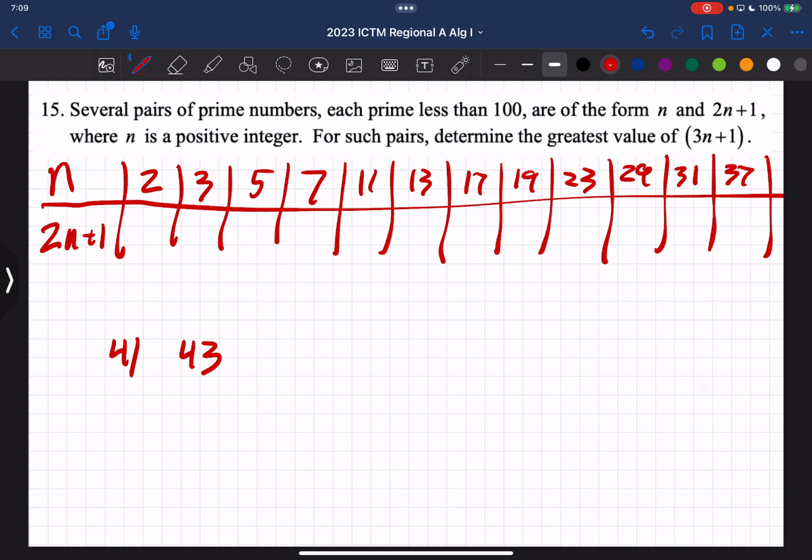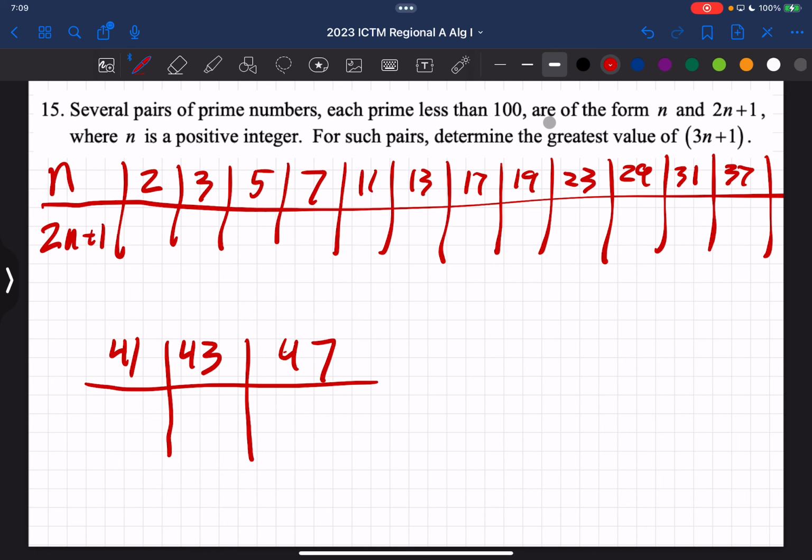Notice I'm skipping the evens because I know the evens aren't prime after 2. I'm skipping all the multiples after 5. 41, 43, 45. I think 47 is prime. I could be wrong. Now I'm going to stop because I know that both these numbers and 2n plus 1 have to be less than 100.